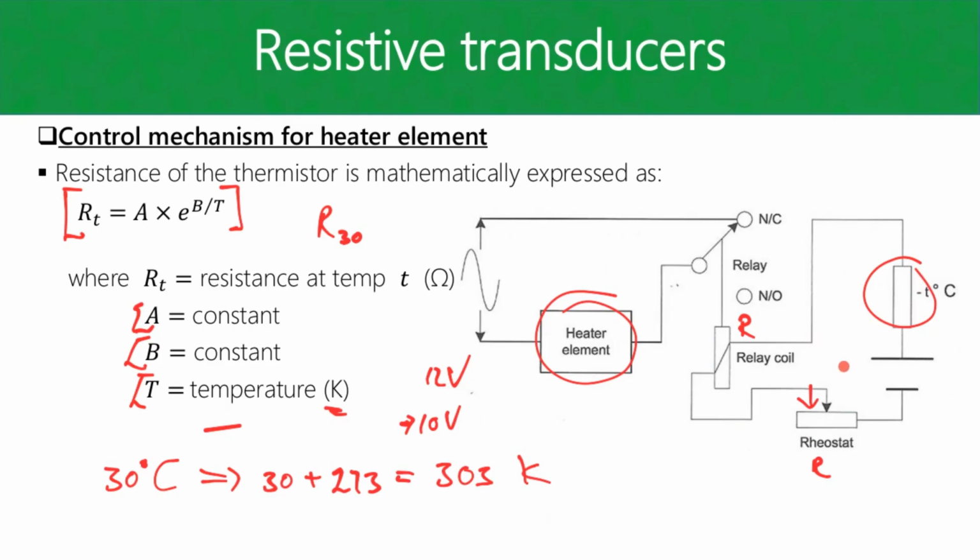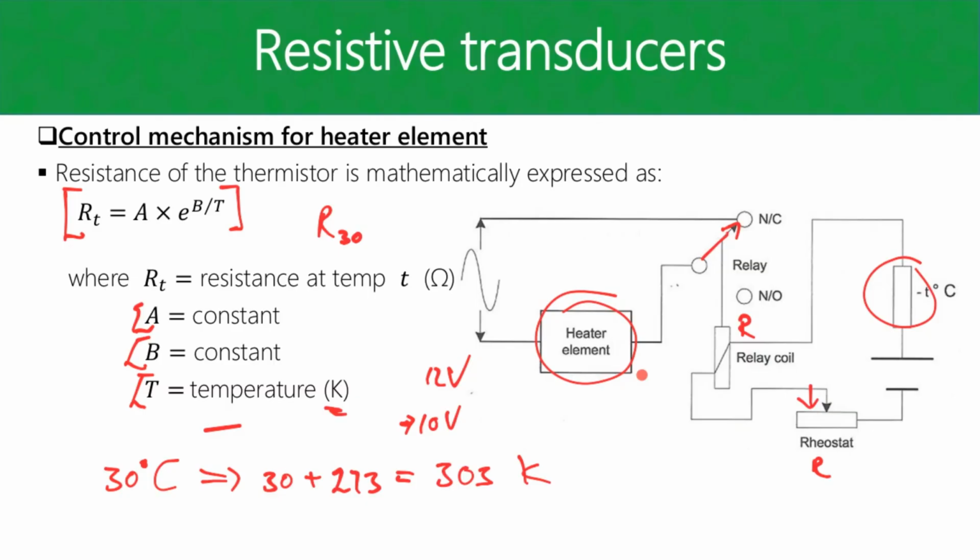So essentially what's going to happen is, in fact, no, I'm having this the wrong way around. At the start, let's say the water is cold, then the relay, as you can see here, is set to the normally closed contact. So the heater element is on, and it's going to start heating up the water.